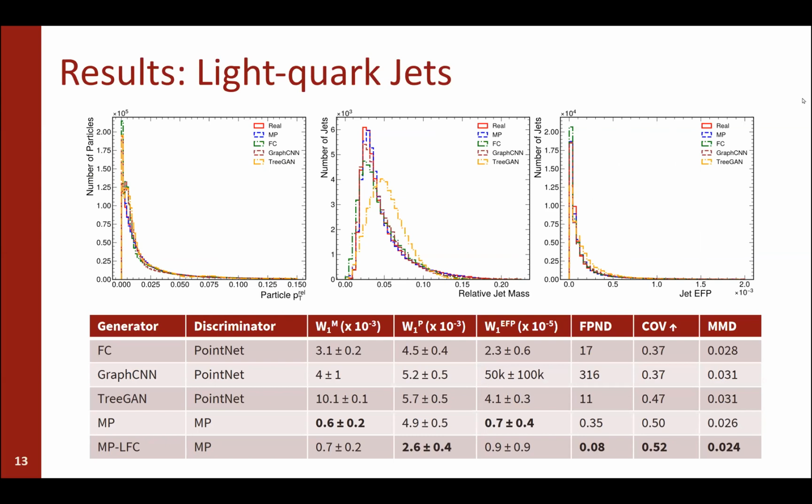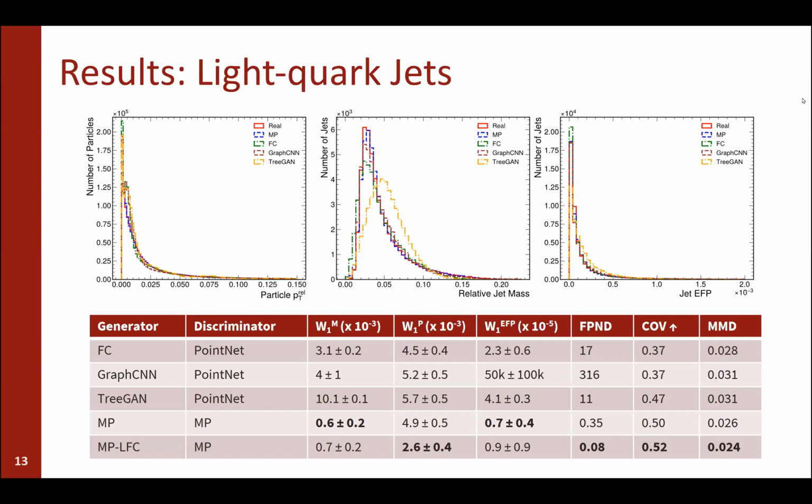If you look at the metrics instead, you see that we have many more in the paper, but let me just showcase the following. If you use either fully connected or graph CNN or TreeGAN with PointNet, you have not so good results when compared with the message passing GAN as discriminator.